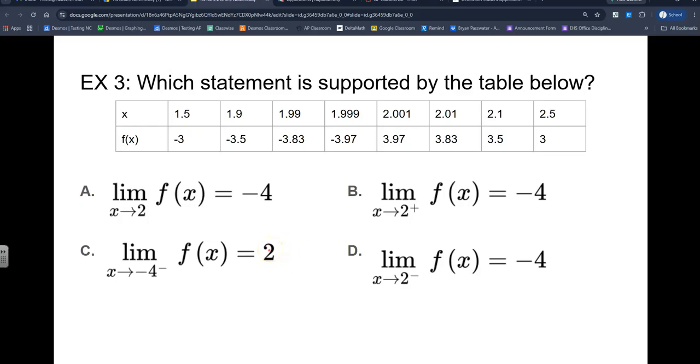So they're trying to make you think that 2 is an x value, but that's a y value right there. X approaches -4. We're not going to be able to tell anything about it. We can't tell whether it's true or not true because our table doesn't focus on -4. Right? But our table does sort of center around 2 as an x value. Because if we did have 2, it would fall right here between 1.999 and 2.001.